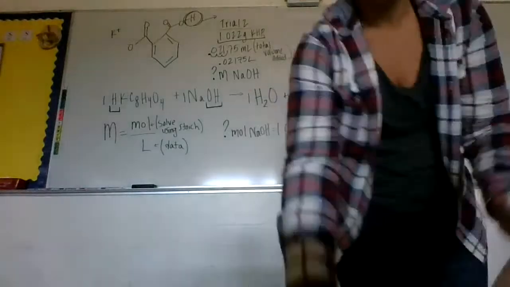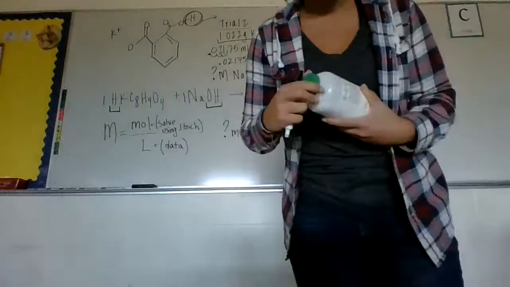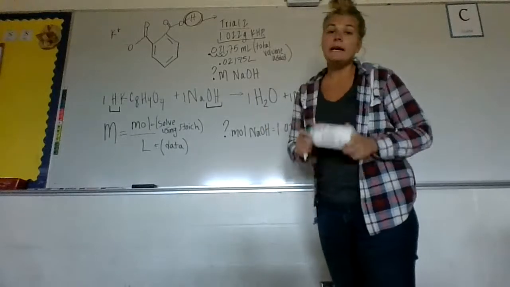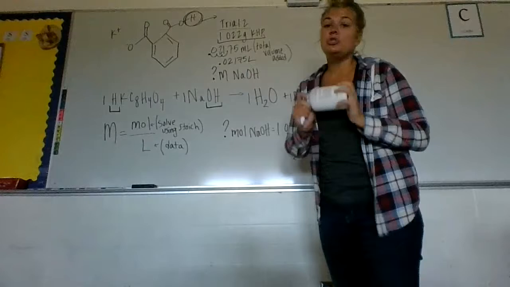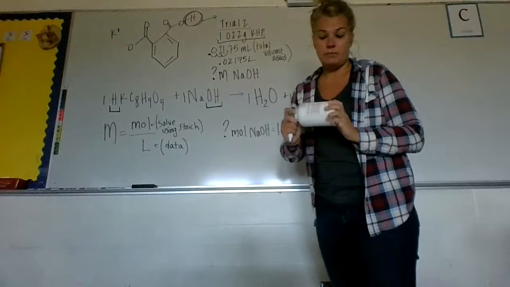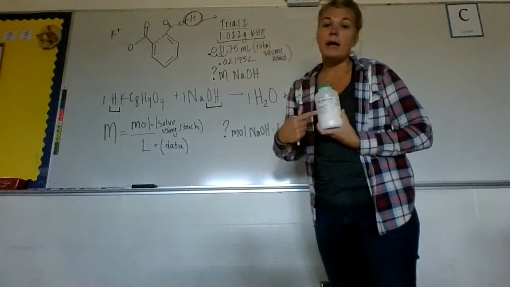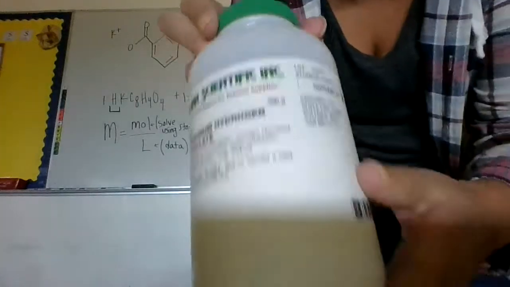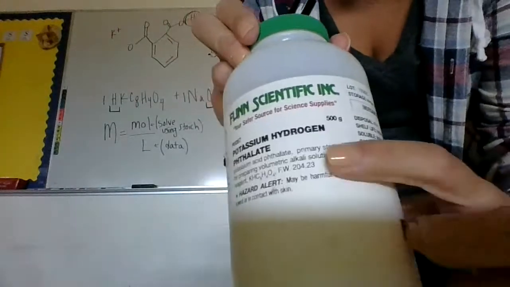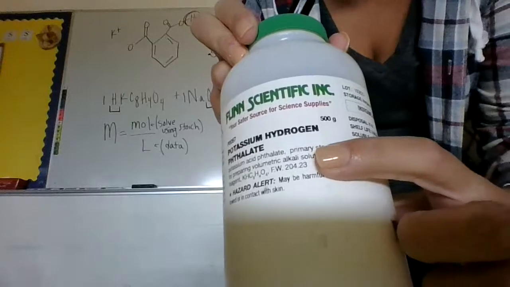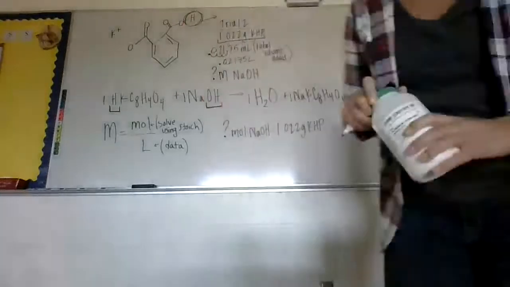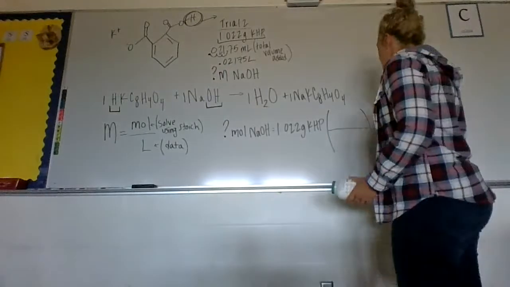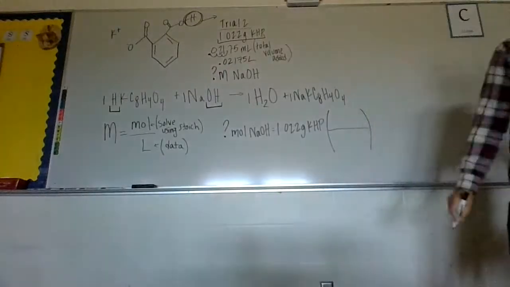Now the next thing we need to do is figure out the molar mass of KHP. Here's the cool thing about labs: you don't have to calculate the molar mass using the periodic table. The chemical bottle that you're using has the molar mass on it. If you look right here, it says FW, which means formula weight, is 204.23. So what is the first unit that I have to cancel?